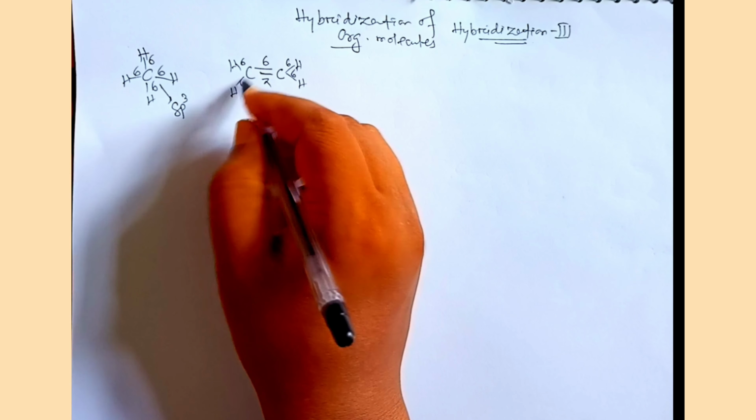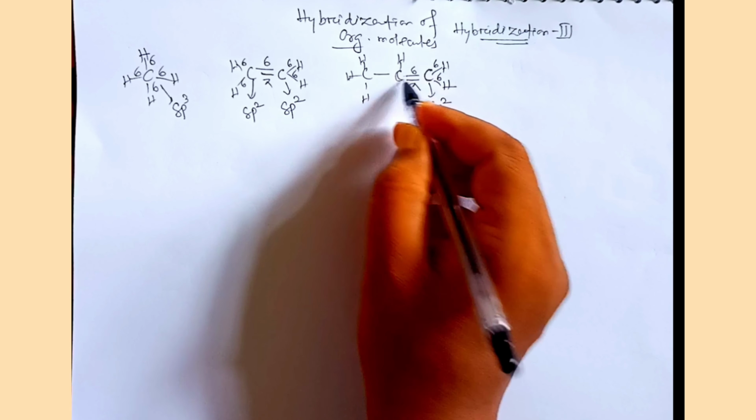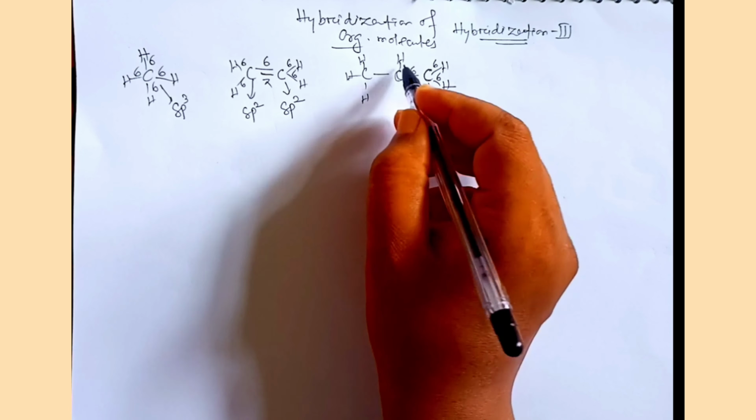So in total this carbon is surrounded by 3 sigma bonds, so the hybridization will be sp2. Here also this carbon is surrounded by 3 sigma bonds, so the hybridization will be sp2. But here this carbon is surrounded by 4 sigma bonds, so the hybridization will be sp3.